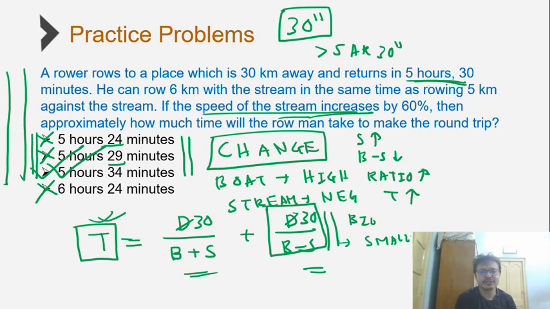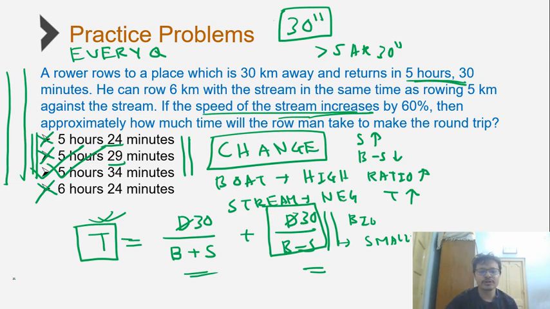That is, if the speed of stream increases, and this is not just for this question, this is for every question. In every question on boats and streams, if the speed of stream increases, B minus S will fall, so the ratio will increase, so the time taken would increase, but the increase would be only slight.